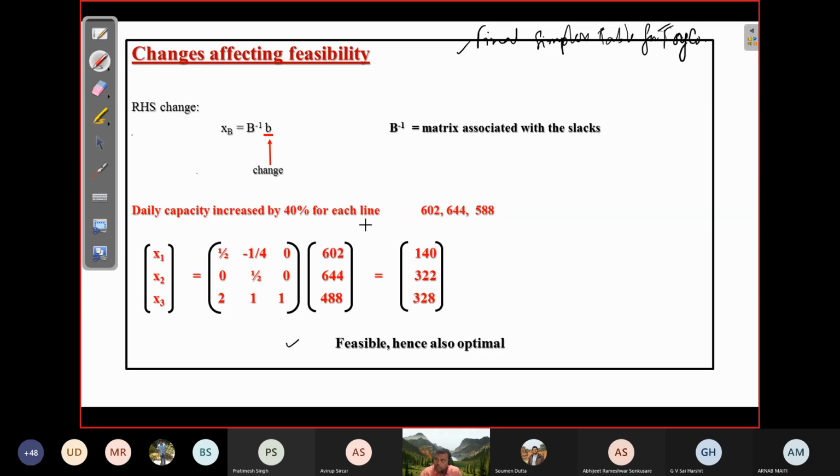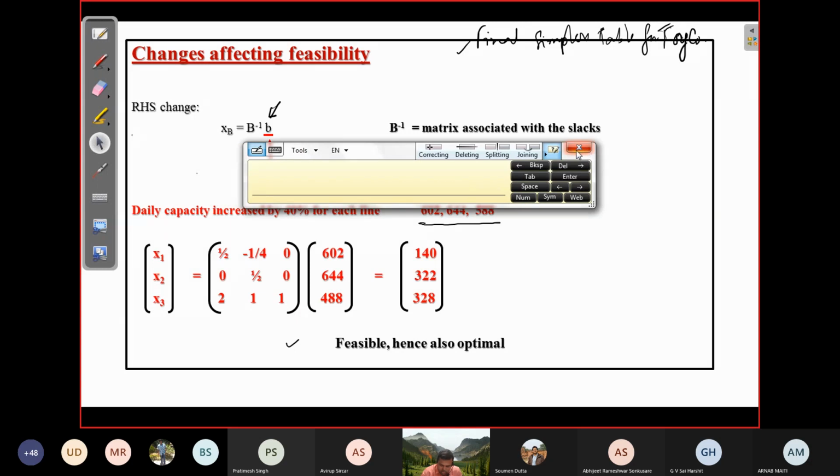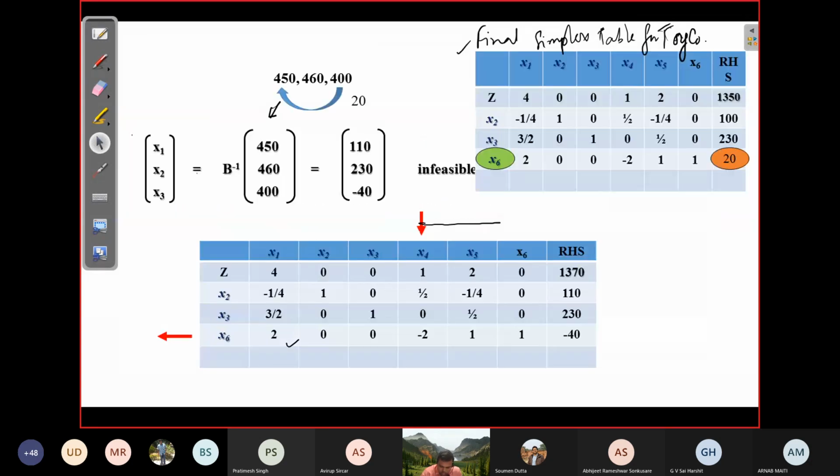For each operation, we have increased the daily capacity by 40%. So we essentially change this small b. This small b is being changed, so now the new values are these, right? We want to see what its effect is on the optimal solution. How to do that? The final table is given, which is this one. So how to get to the new optimal solution?